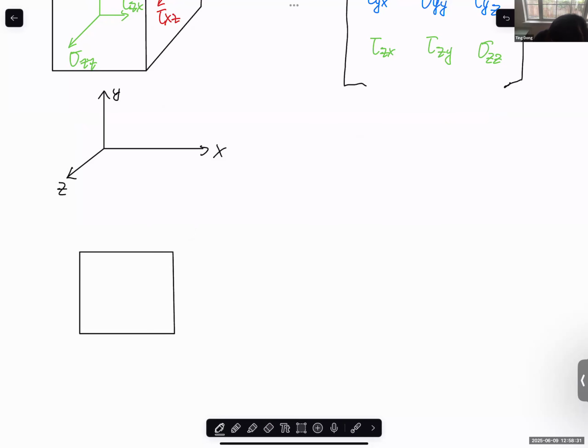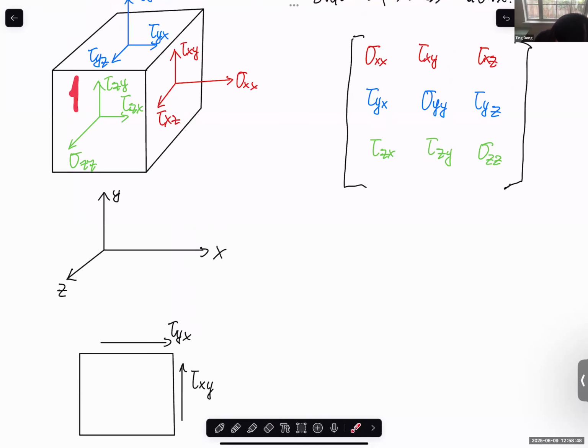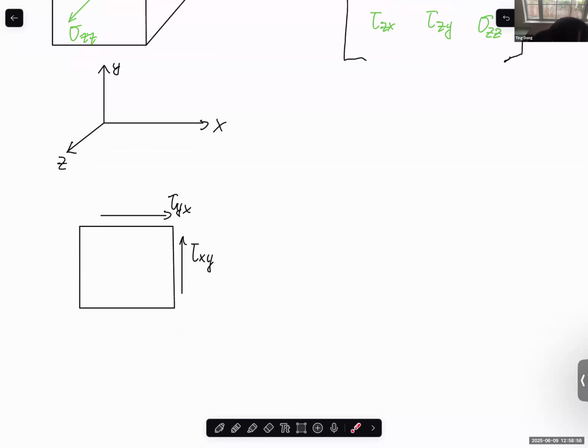We have tau on the x plane in the y direction, and on the y plane in the x direction. I didn't draw the stress components on the back side, but they should be the same, right? So let's put it here: tau x plane y direction, tau y plane x direction.